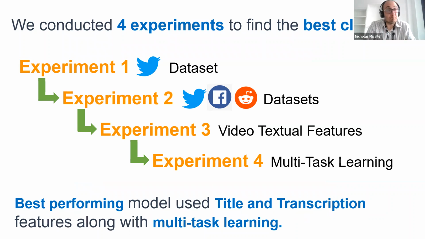They included the video title, the video description, the video transcription, and other metadata that we extracted from YouTube videos. And we used standard classification models such as logistic regression and SVM, but we also used more advanced models such as BiLSTM.